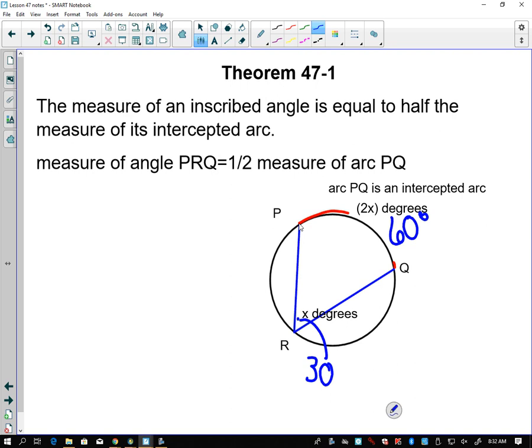So if I know what the intercepted arc is, what do I do to find the inscribed angle? Divide it by 2. If I know what the inscribed angle is and I'm looking for the intercepted arc, I multiply it by 2. Let's go back. Marcos, if this is 90, then what is this? 45. Good.